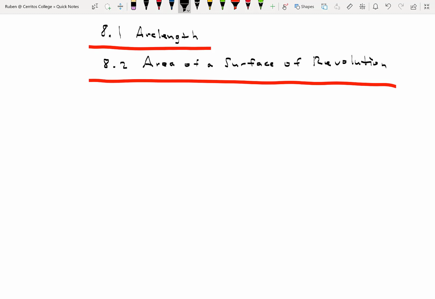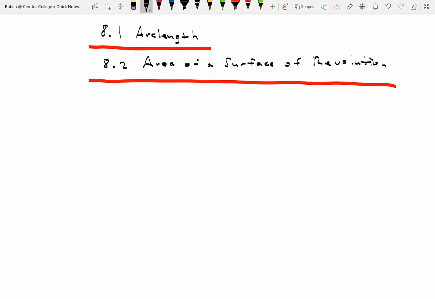So let's get started right away. In both of these sections, we're looking at two applications of the definite integral. In Calculus 1, you learned at least two applications of the definite integral.